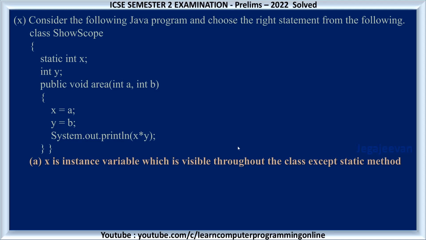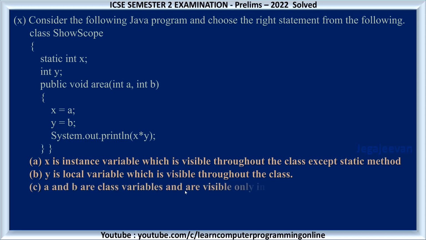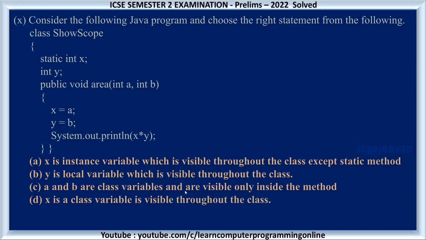So this is false. Option B: Y is a local variable which is visible throughout the class. Y is not a local variable as it is outside the method. Option C: A and B are class variables and are visible only inside the method. Here only inside the method is right, but A and B are not class variables. These are local variables. So again C is wrong. Option D: X is a class variable, is visible throughout the class. Yes, X is the class variable which is visible throughout the class. So D is right.